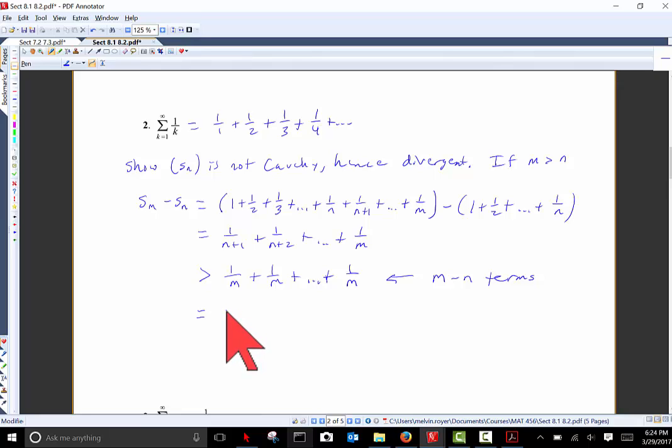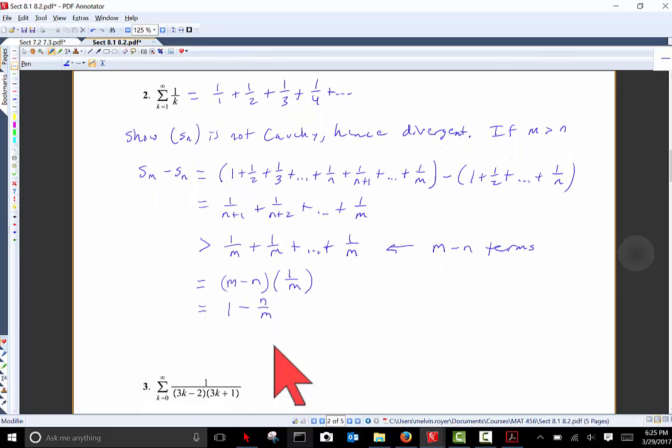So there are m minus n terms, each of size 1 over m. And so that's what this summation is. And if I rewrite this, this is 1 minus n over m. And the question is, does that have to be small? And the answer is no.